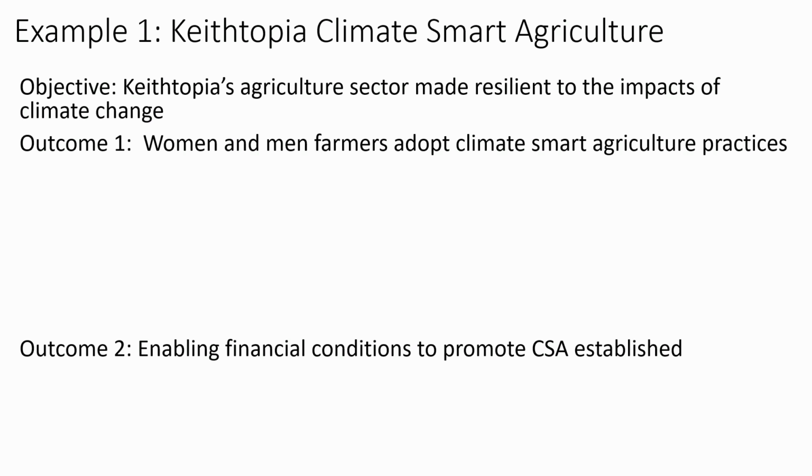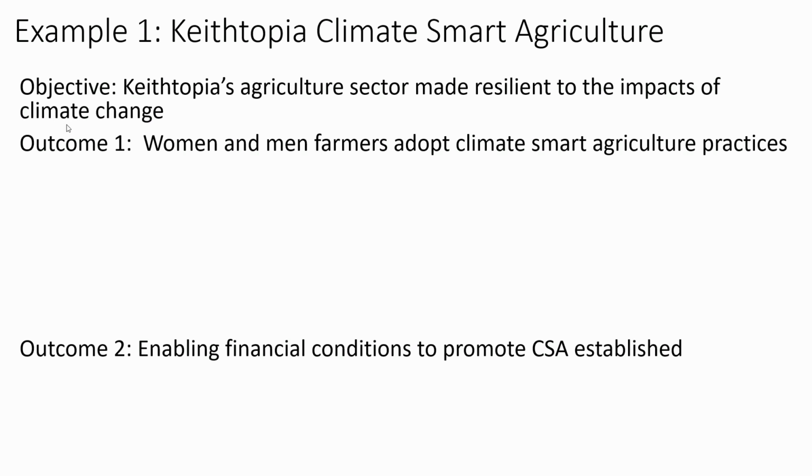It does not incentivize these new techniques. So I've got my two outcomes, and in a real life project you may have additional outcomes, but we only have one slide here, so we're only doing two outcomes. So women and men farmers adopt climate smart agriculture practices and enabling financial conditions to promote climate smart agriculture established. These are the two big changes that I want to bring about to make my objective happen.